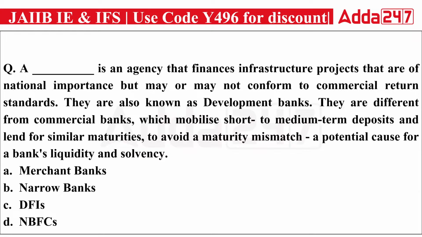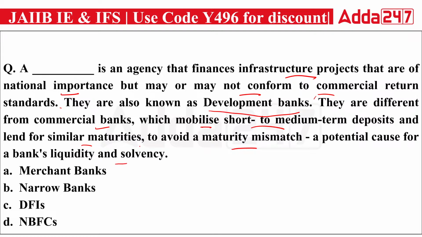Okay. Next we have, a dash is an agency that finances infrastructure projects that are of national importance but may or may not contain commercial standard. They are also known as development banks. They are different from commercial banks, which mobilize short to medium term deposits and lend at similar maturity to avoid the maturity mismatch, a potential cause for a bank's liability and solvency problems.